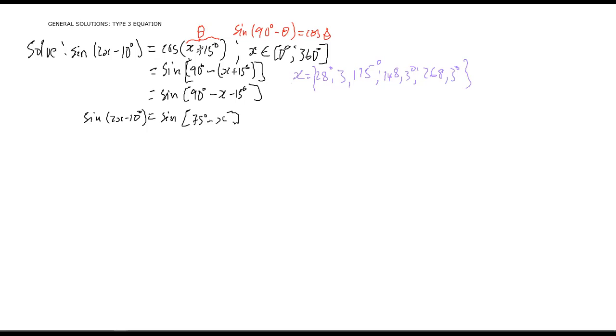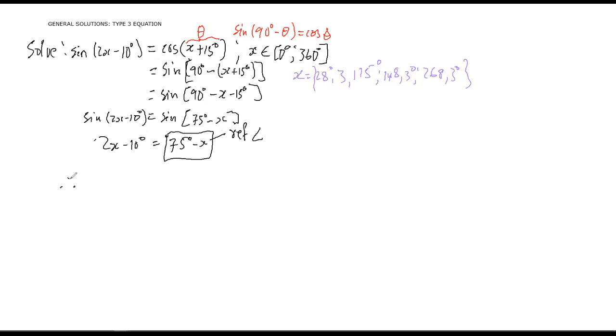If I take arcsine both sides, I'm going to have 2x minus 10 is equal to 75 degrees minus x. Now, guys, this is my reference angle, or angle of reference. I hope you know this. This is one critical step, hence I am emphasizing a lot.